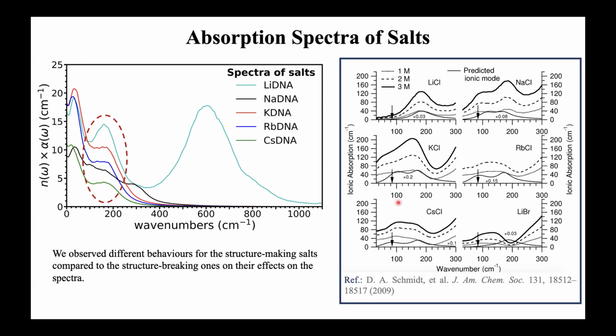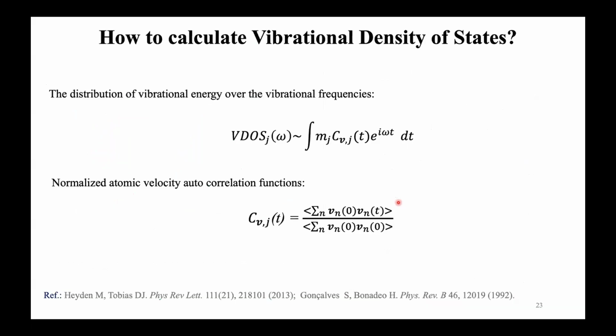However, in this step we faced a difficulty. The problem is that since ions are point charges, we cannot separately evaluate the individual contribution of cations and anions to the resulting spectrum. Therefore, to analyze the specific vibrational contribution of studied ions, we also computed the vibrational density of states.